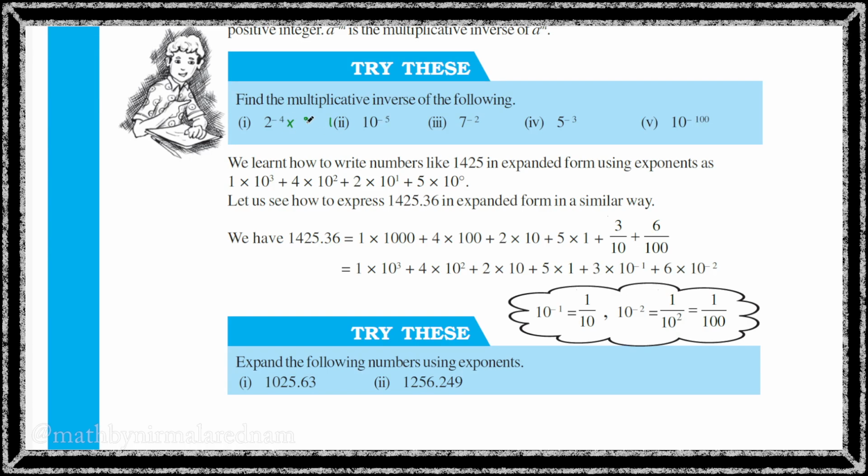If I multiply with 2 power 4, the exponent becomes minus 4 plus 4, which is 0. So 2 power 0 is 1. So the answer is 2 power 4 is the multiplicative inverse. By the same logic, here the multiplicative inverse is 10 power 5. Over here it is 7 power 2, over here it is 5 power 3, and over here it is 10 power 100. Correct? So that is the answer.